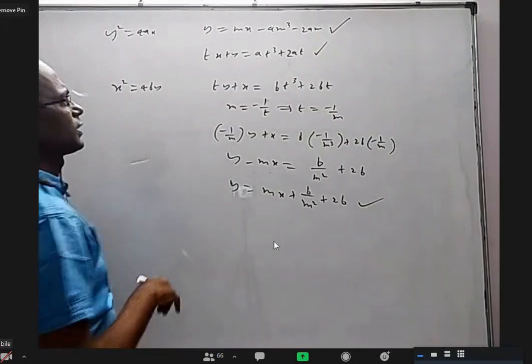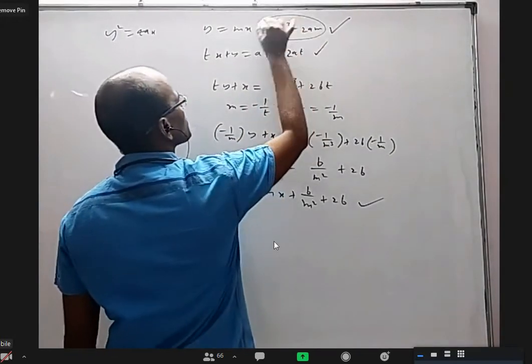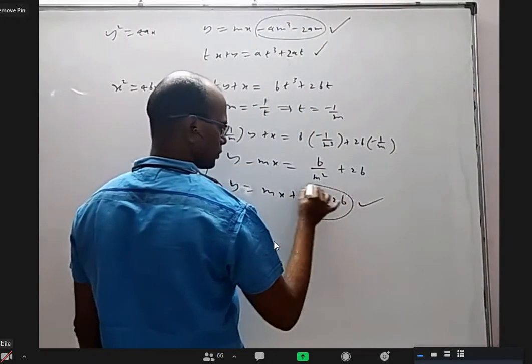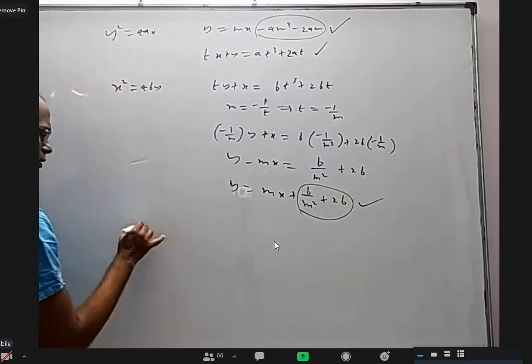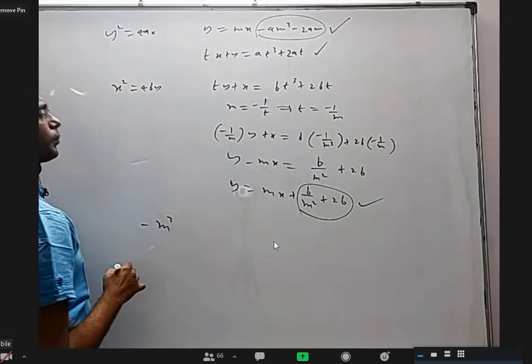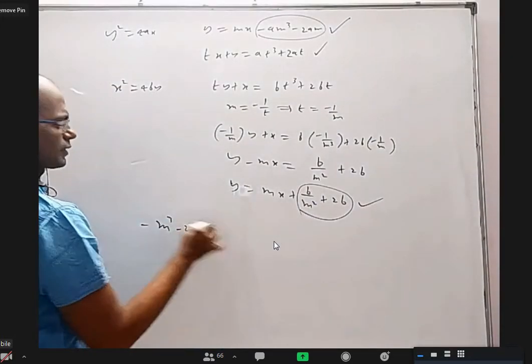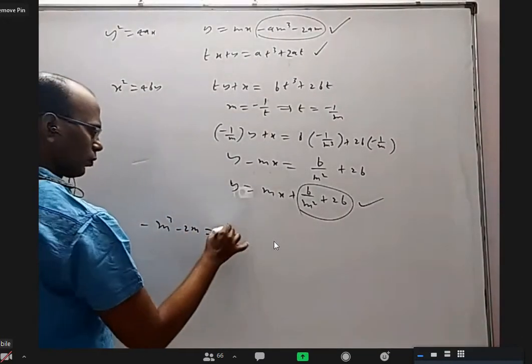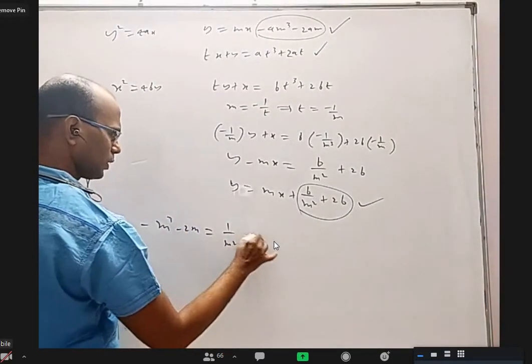Like that here, when I equate, I should equate this portion to this portion. That is minus m cube minus 2m, because a is 1, equals 1 by m square plus 2.